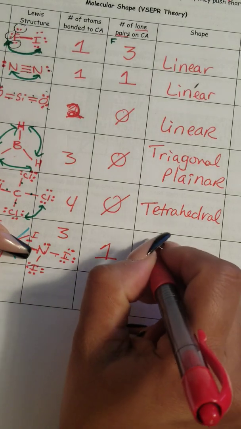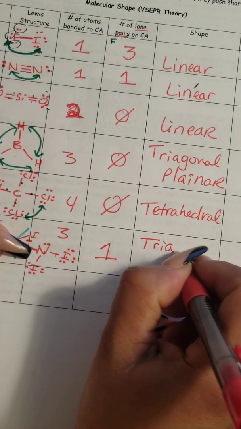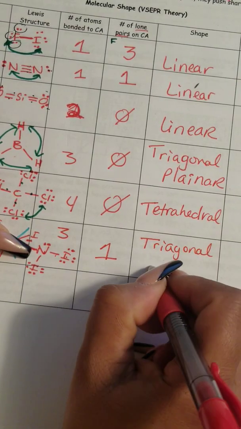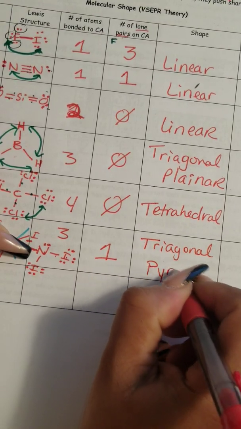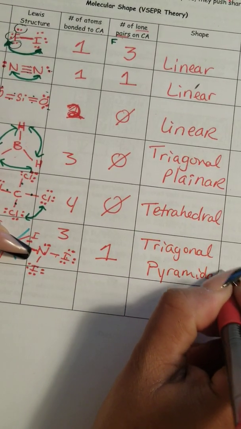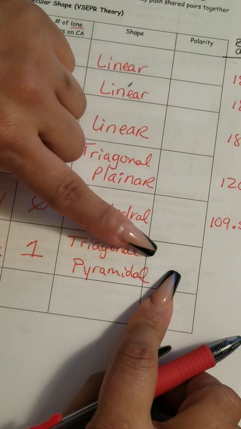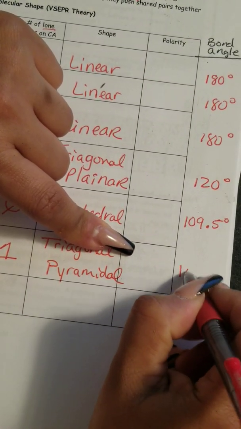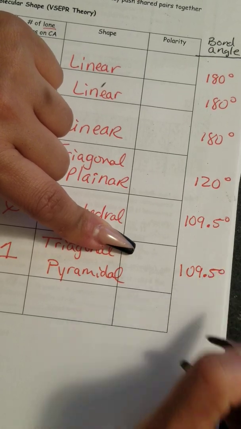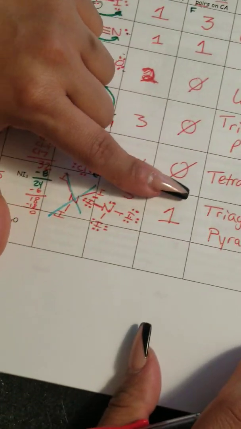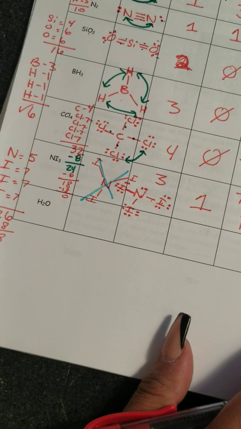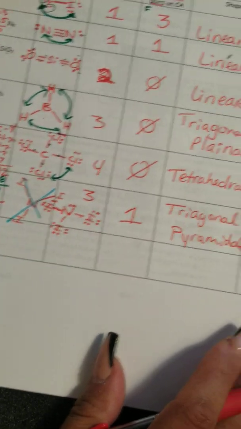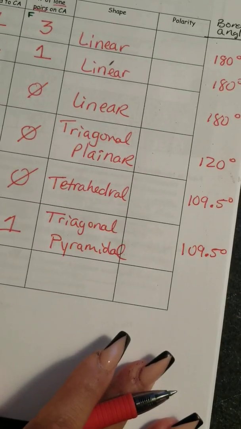This shape is triangular pyramidal. Again, we're going to talk about this later. Well, what is the degrees? This is also 109.5 degrees. Okay. Let's keep practicing and let's do this again. And make sure you got all the information down.